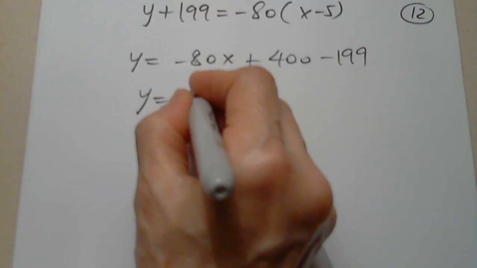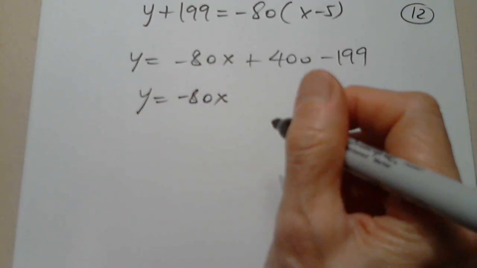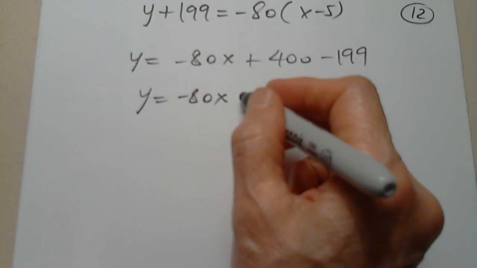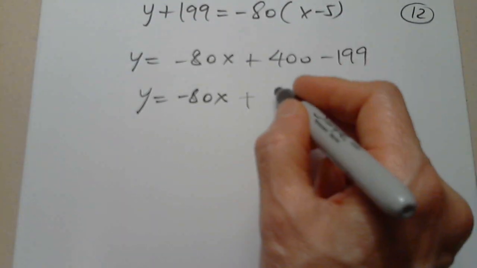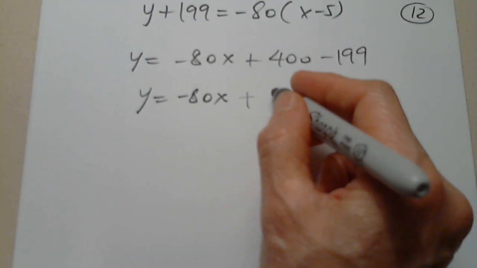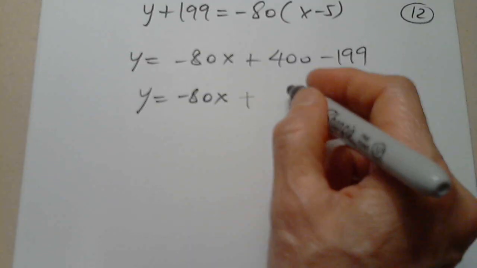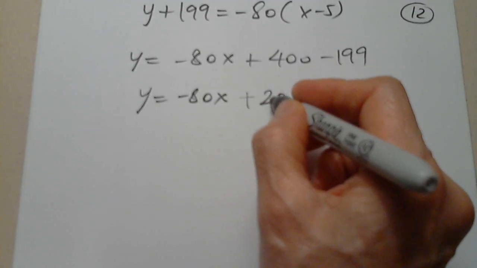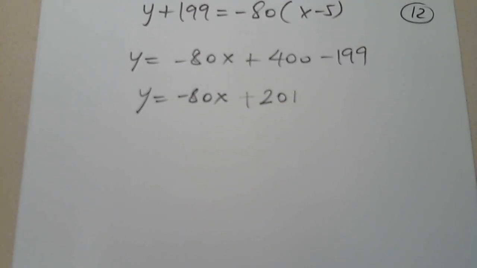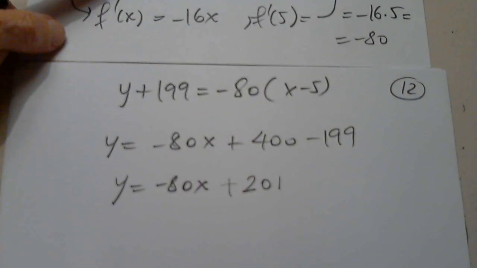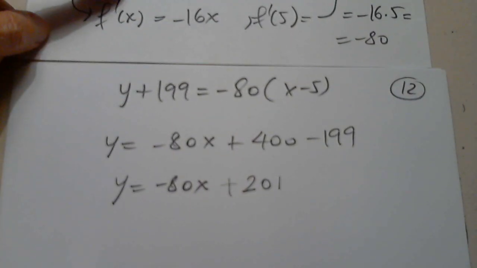So y equals negative 80x plus, what is it? So it's 1, 0, and 2. Yes. And this is the equation of the tangent line to the graph of 1 minus 8x squared at this point.